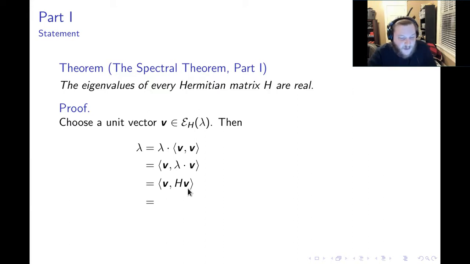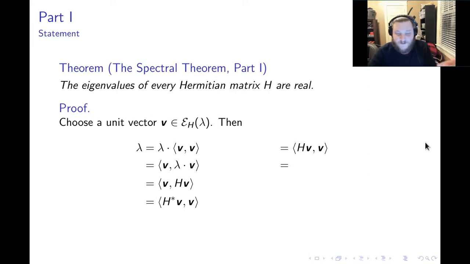So we can move H from the right to the left here by taking its conjugate transpose. But now the whole point of H in this setup is that H is Hermitian, which means its conjugate transpose equals itself. So now we're looking at H times V inner product with V.